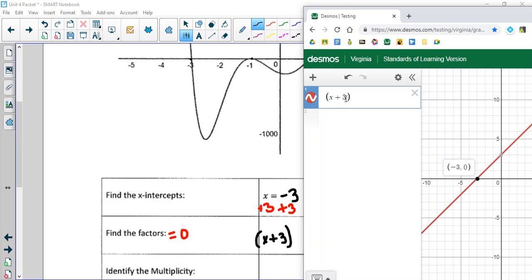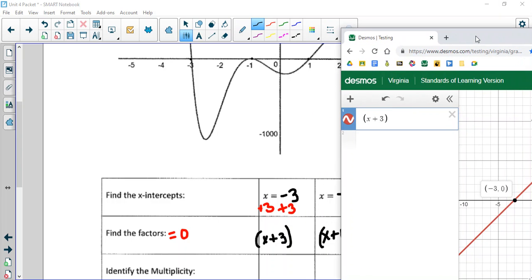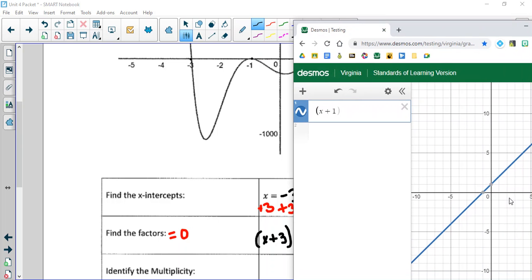Same thing here. Let's say I want the graph to touch at -1. So if I were to graph it, I have to write it backwards. So it's x plus 1 that touches the graph at that particular x-intercept.